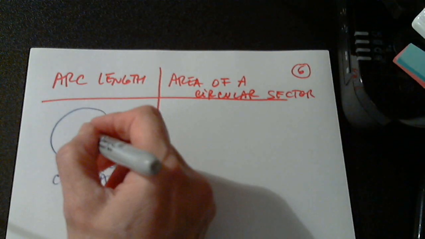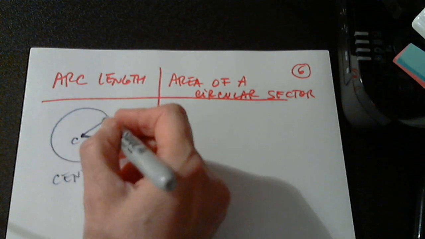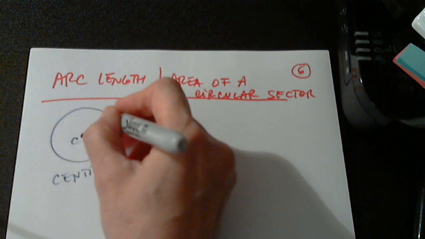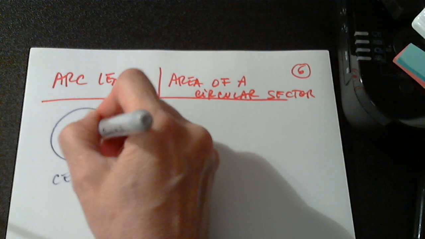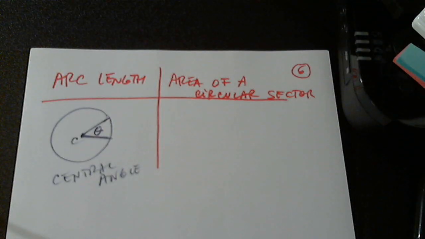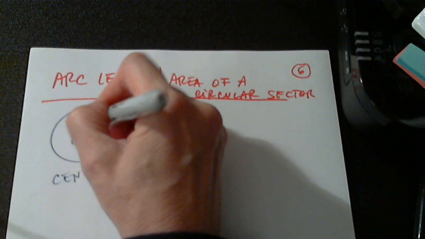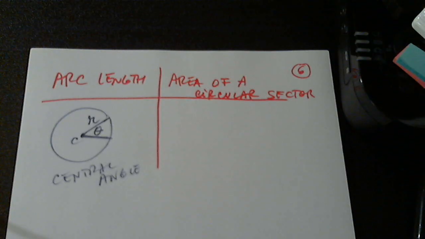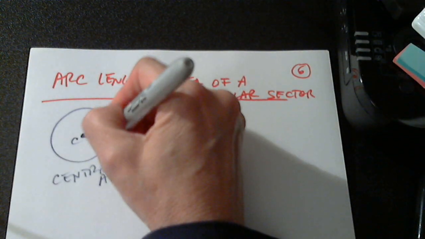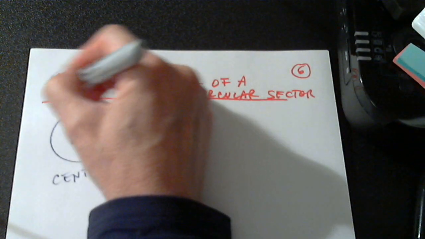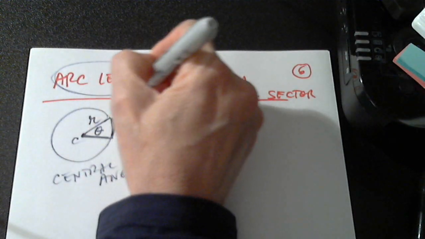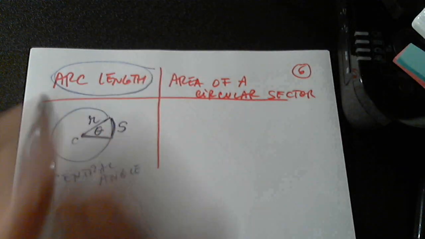And of course, we have the initial side and the terminal side. I'm going to call this angle theta. I'm going to call the radius r. And this is the arc length. We like to call it s, lowercase s.